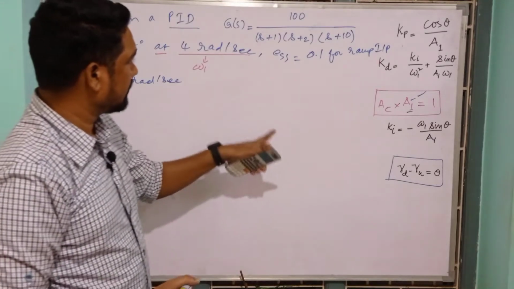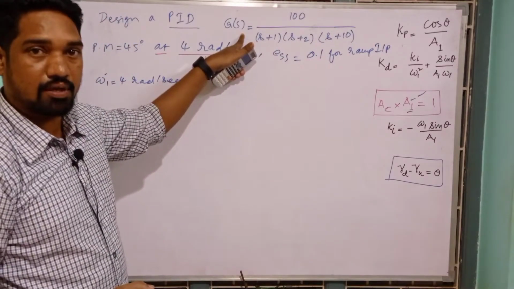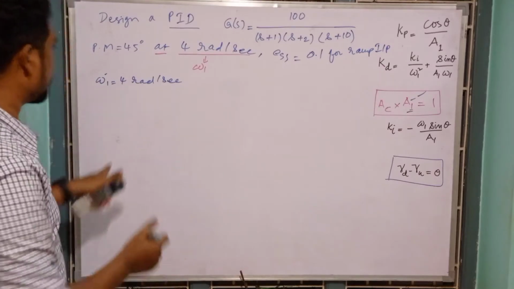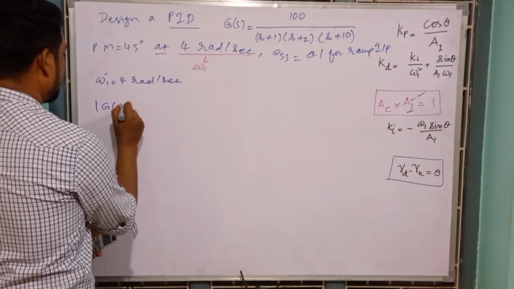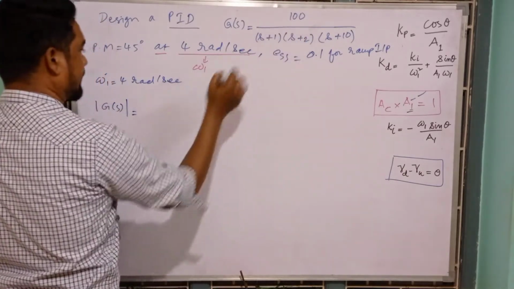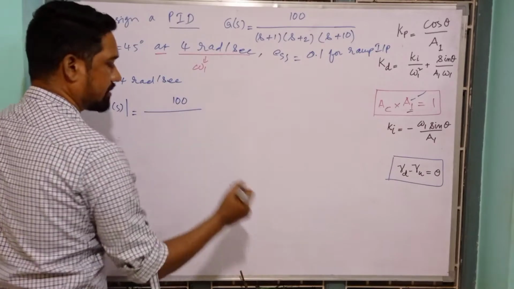The magnitude A1 is the magnitude of the open loop transfer function after plugging in omega equal to omega 1, right? So what is the expression for the magnitude of G of s, the open loop transfer function? Writing for the magnitude, 100 will be 100 as it is. Okay, so how to write the expression for magnitude?